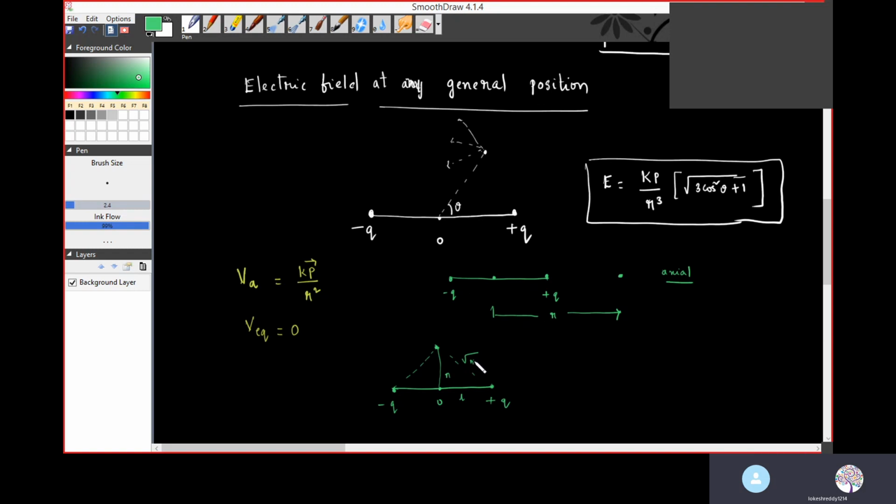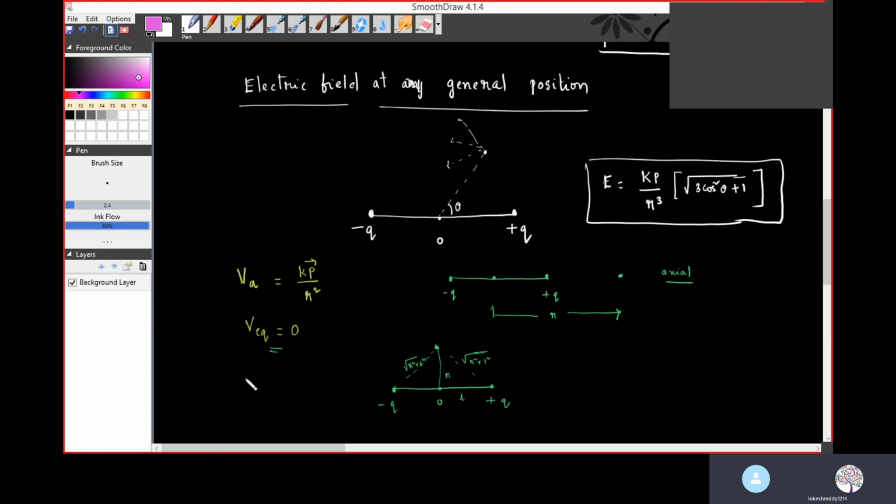Then this is root of r square plus l square. The potential due to this is minus q and this is plus q, so this is k into q net by r. So minus q and plus q will become 0. That's why the potential will become 0.